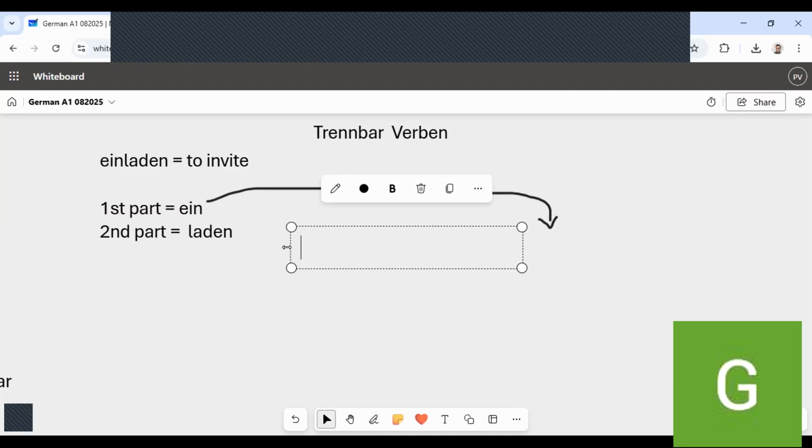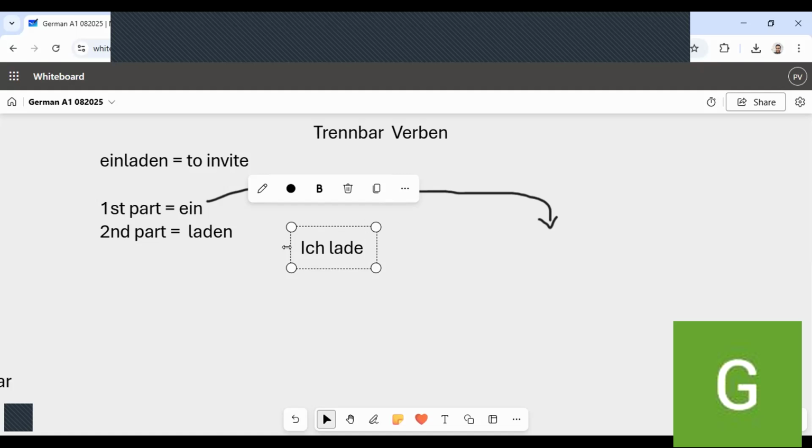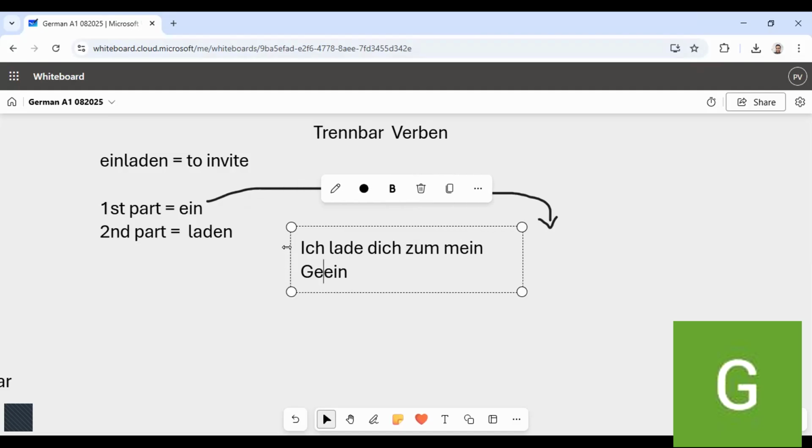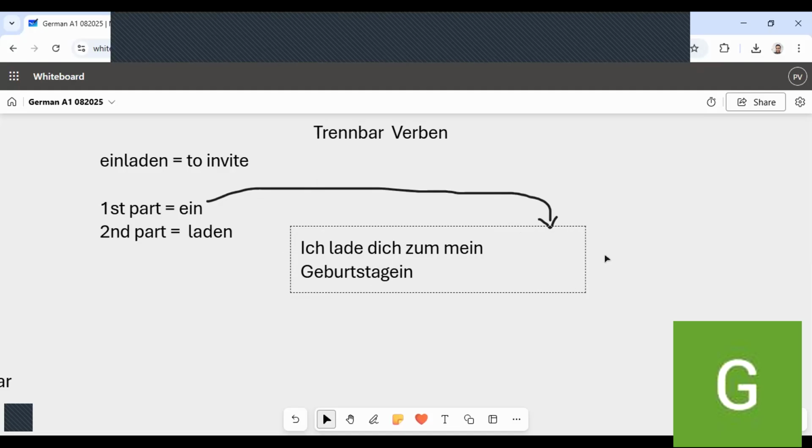So it's like this: Ich lade dich zu meinem Geburtstag ein. So the second part is being conjugated, right? Geburtstag is birthday. So I am inviting you to my birthday.